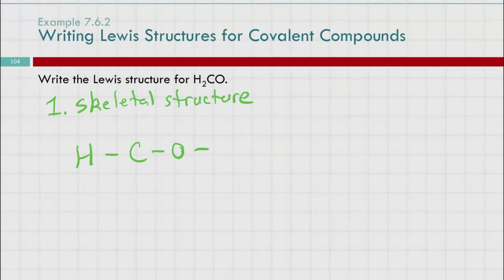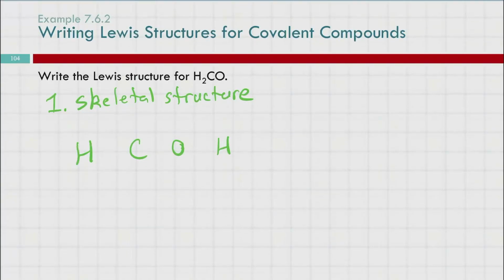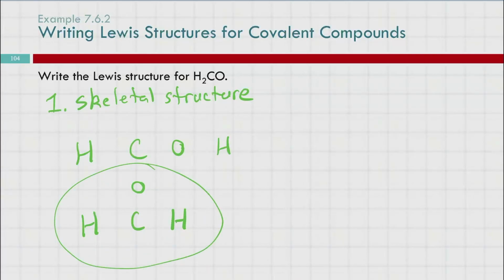You might come up with this, HCOH, except we shouldn't have those bonds in there. However, there's a more symmetrical way that we can arrange this, and that's with oxygen on top. So this bottom configuration is a little bit more symmetrical. So that's the one that we're going to go with.